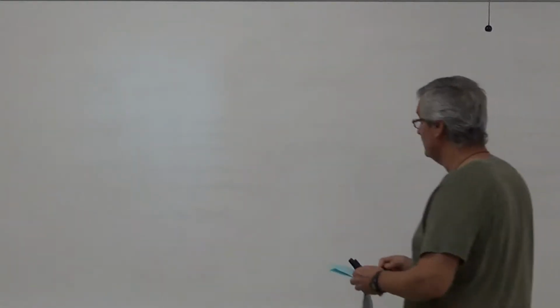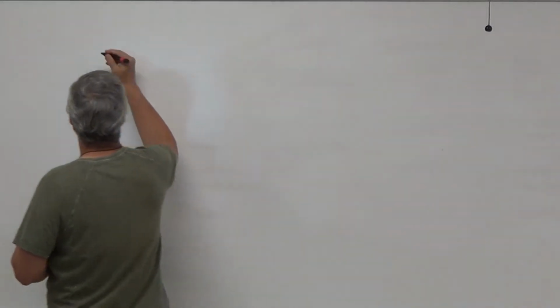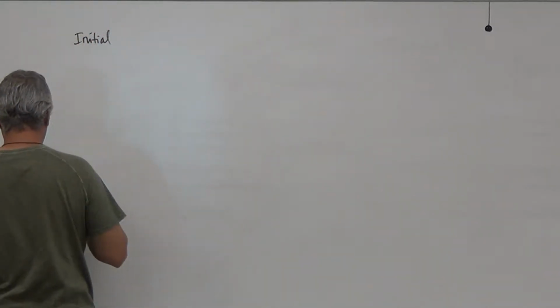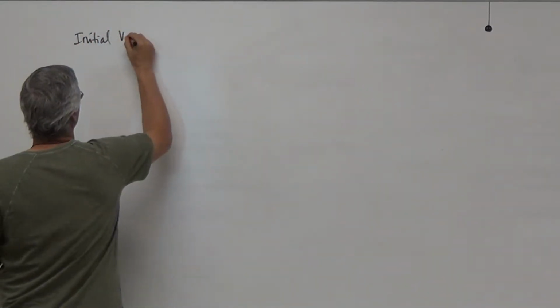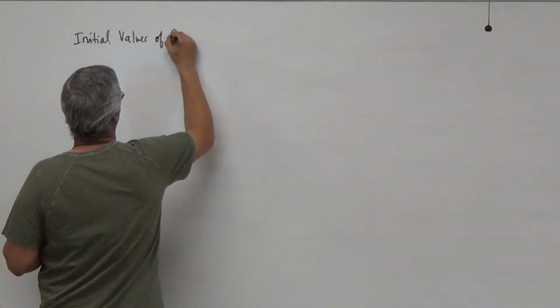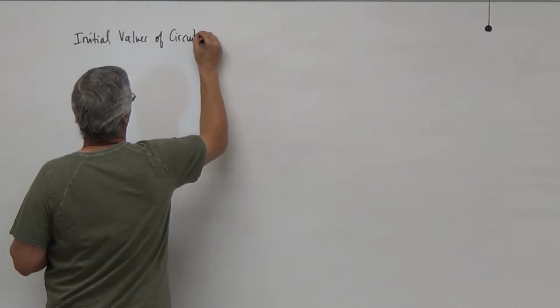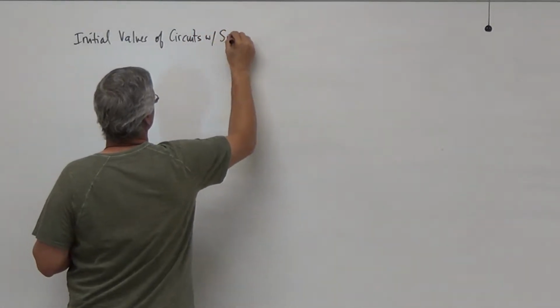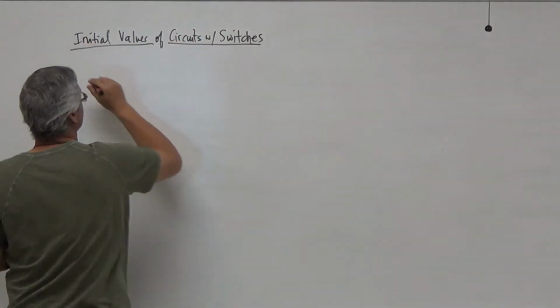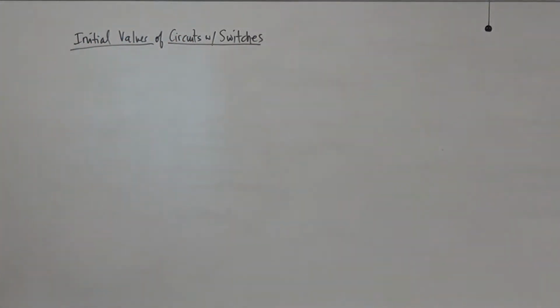So our job here is that we now want to look at initial values of circuits with switches. This is, as far as I'm concerned, the only reason why we are in this chapter.